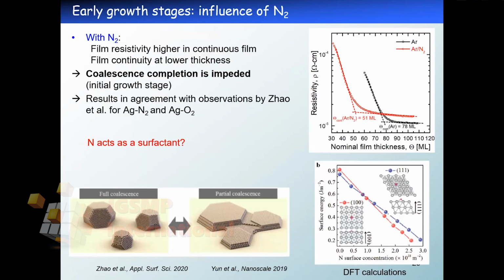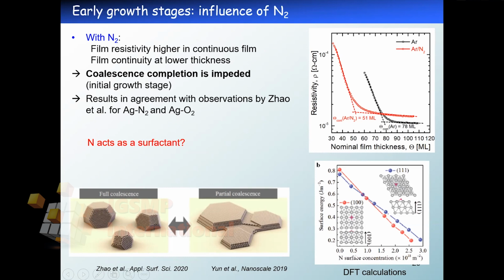And this is consistent with what has also been discussed by other groups. They propose that nitrogen could act as a surfactant and would also change the surface energy, so changing the formation of crystal facets, as supported by DFT calculation.